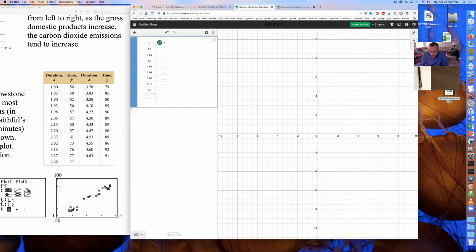2.3, 2.37, 2.82, 3.13, 3.27, 3.65, 3.78. So we've got a lot more data this time. Hang in there and just keep typing.